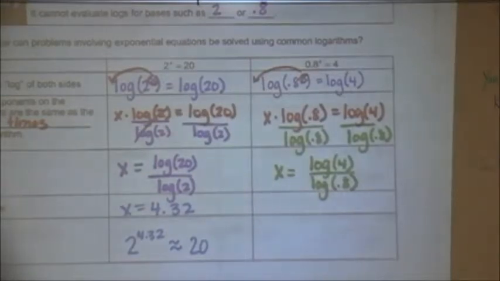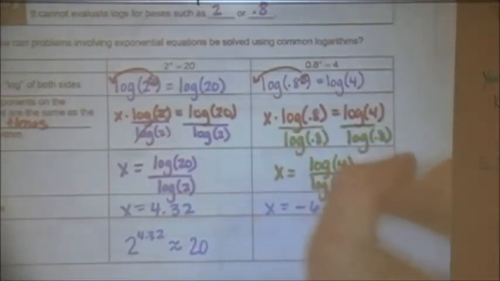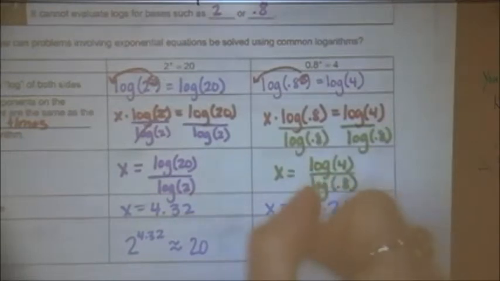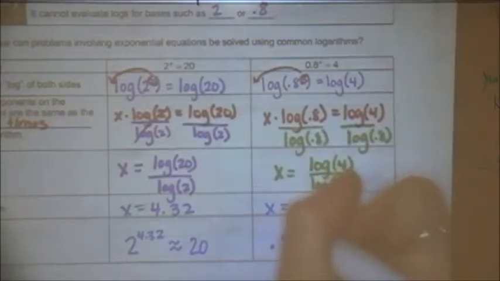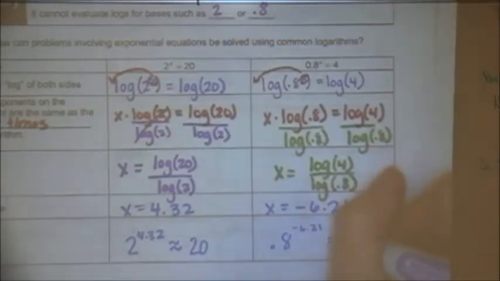So I'm going to plug in log of 4 divided by log of 0.8. And I get x equals negative 6.21. I'm going to check that just to be sure that that's the right answer. And it is. It equals 3.99, not equals 4.